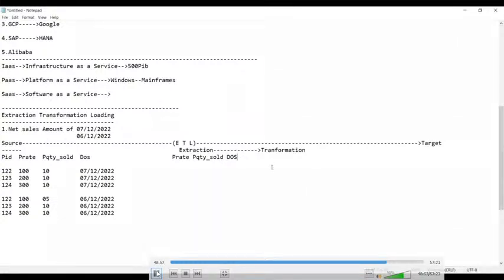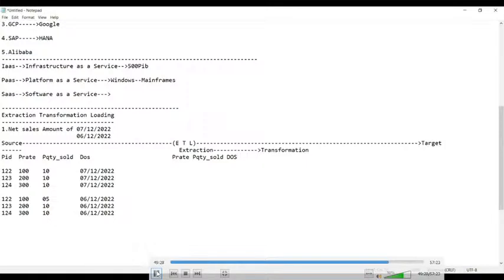Now, guys, the next process is transformation. Can you tell me how transformation works? Transformation is the process of data summarization. Here, 100 rupees is the rate, 10 is the quantity.